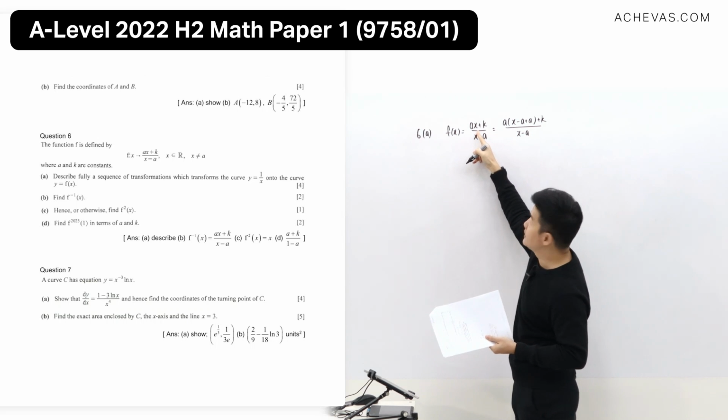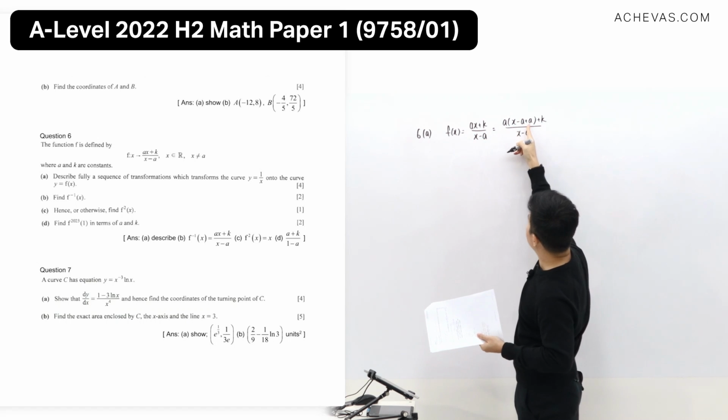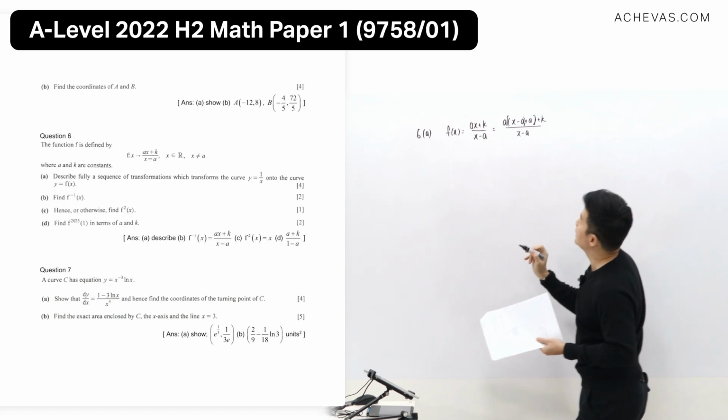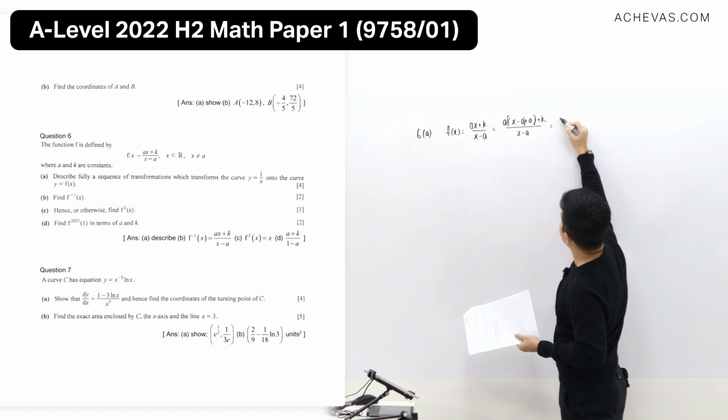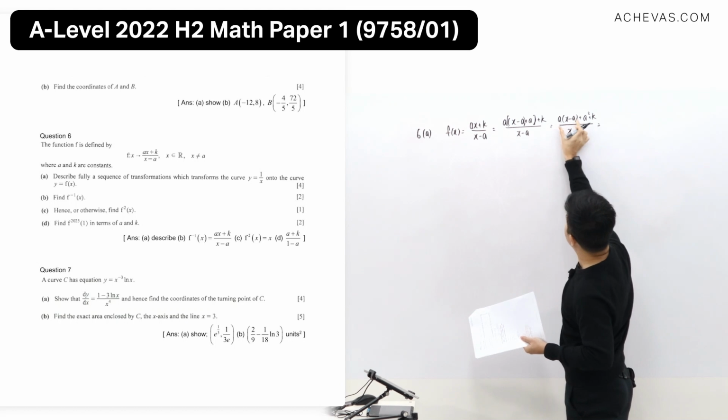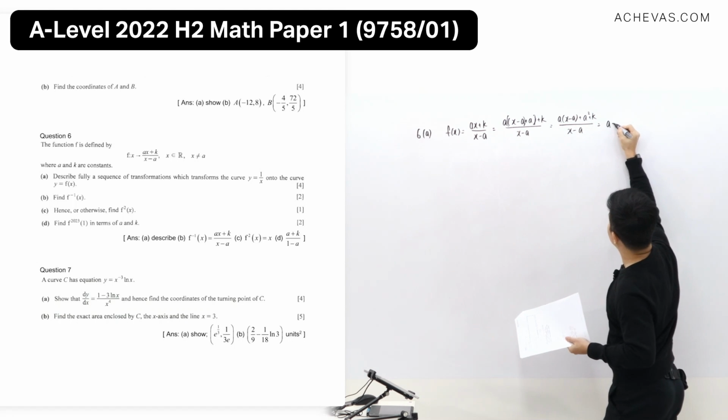Okay, I'll take the x that is here, minus a plus a, so that I can have a term that is like this, then multiply by a. So if I can then regroup it further, I will have this plus a squared plus k over x minus a, where I take this divided by this, which is going to give me an a.